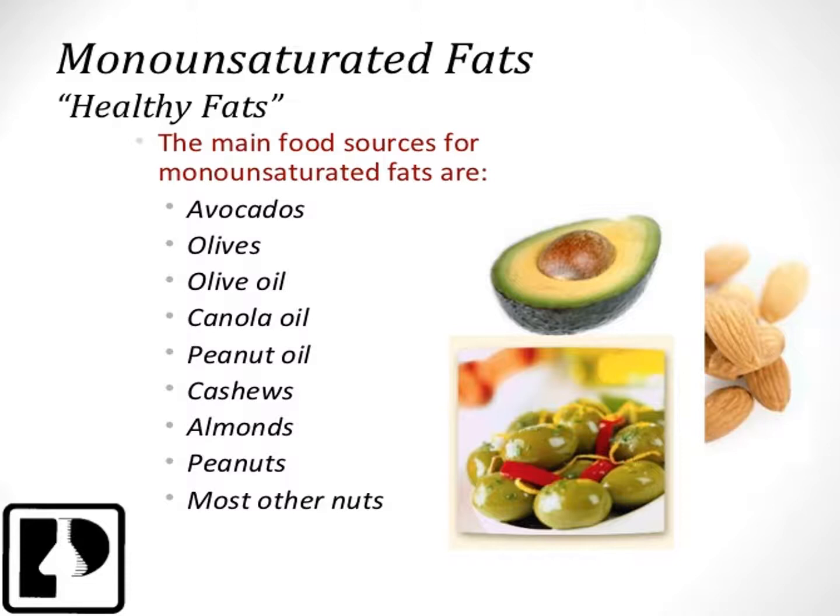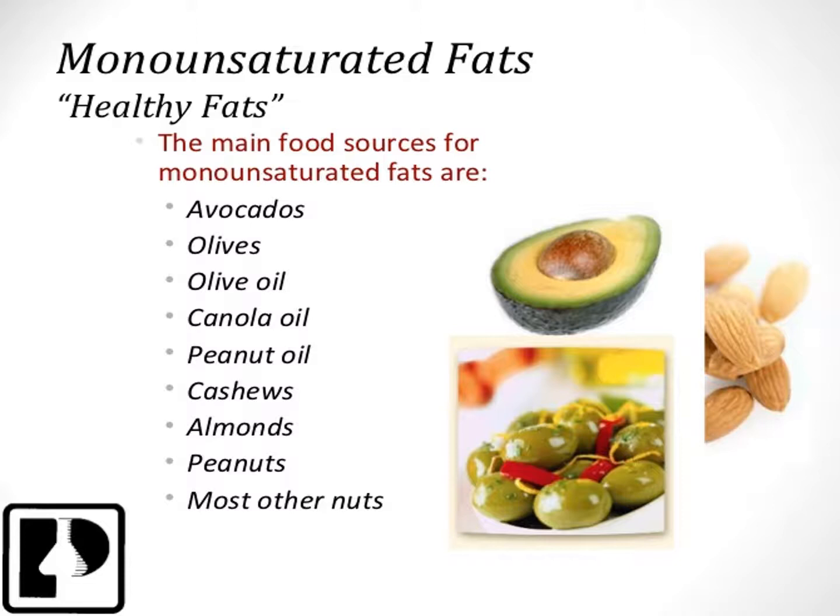So these are the foods, just to remind you, that are high in monounsaturates. That's why olive oil is recommended for cooking, and avocados have a lot of monounsaturates. Canola oil has a lot of monounsaturates too. So those would be recommended.